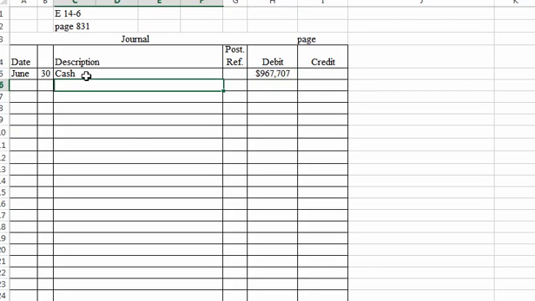They've made that calculation for you. Okay, that's more than the $900,000 face amount, so we're going to have a premium. We'll credit bonds payable for the face amount, $900,000.